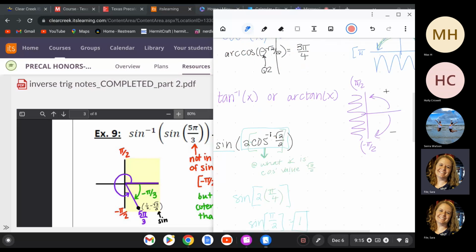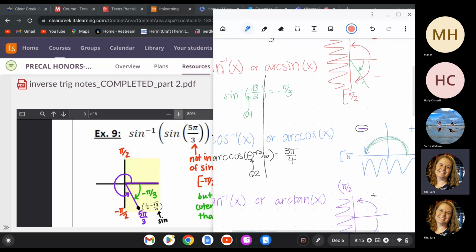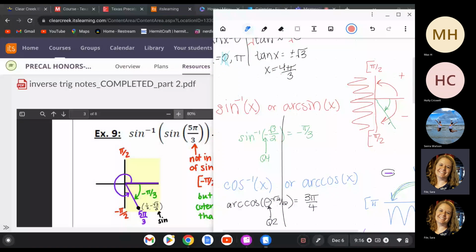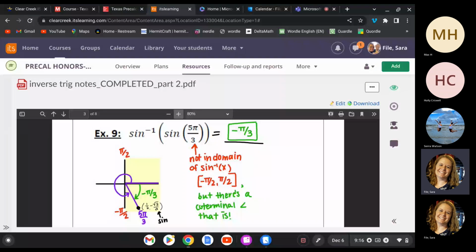So going back to that graph for inverse sine, the output has to be between negative pi halves and pi halves, which this angle, 5 pi thirds, is not. So that's why you can see in this picture, since that's not in the range of inverse sine, the purple angle I drew is 5 pi thirds, but it is in the quadrants where we can have answers.